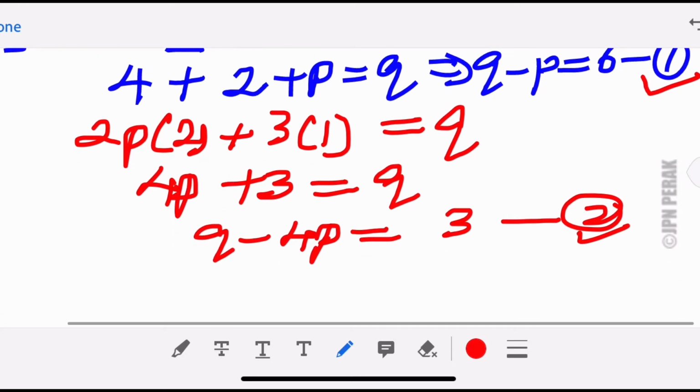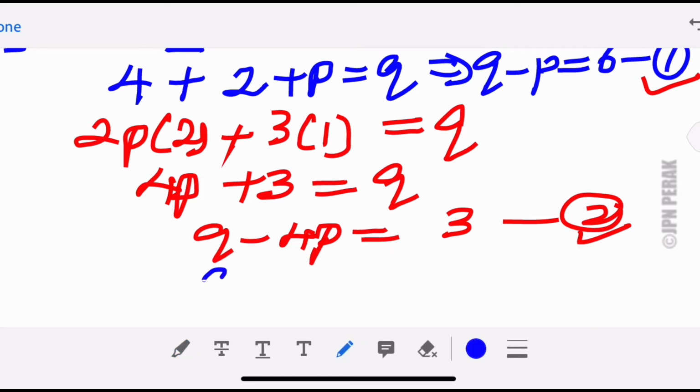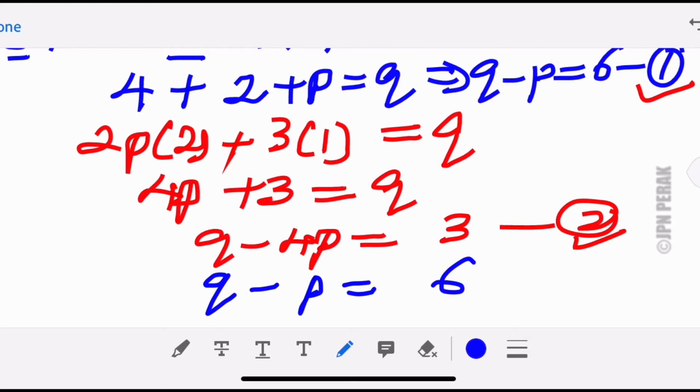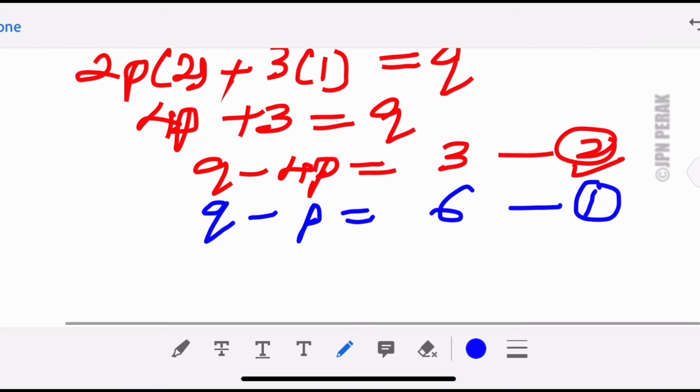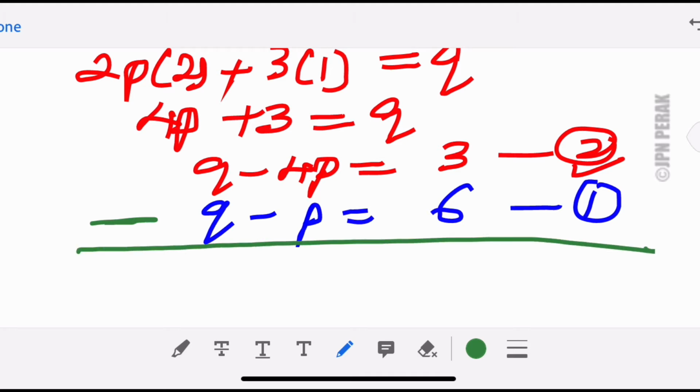Now I'm going to minus, because I can see for number 1 we have q also. So this is 1. Let me show you how I eliminate the q. In order to eliminate q, we will do 2 minus 1. Be careful: when you minus, every term will minus. q minus q, that is our purpose.